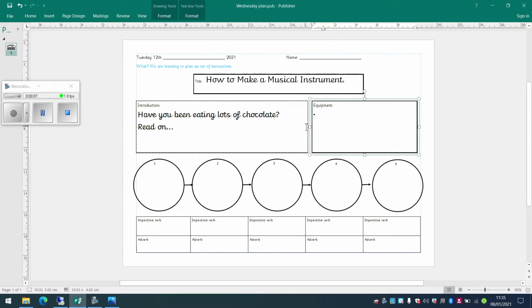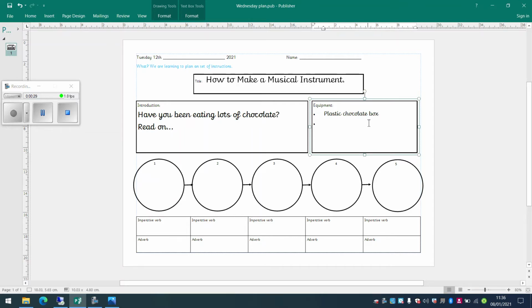Moving on to the equipment, this is where you think about all of the things that you have used to make your musical instrument. So I had a chocolate box. In fact, I could add an adjective in here. It was a plastic chocolate box.